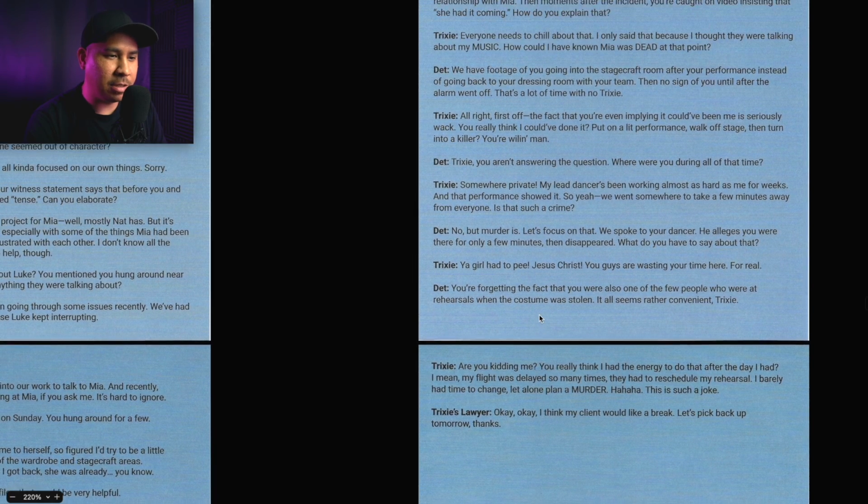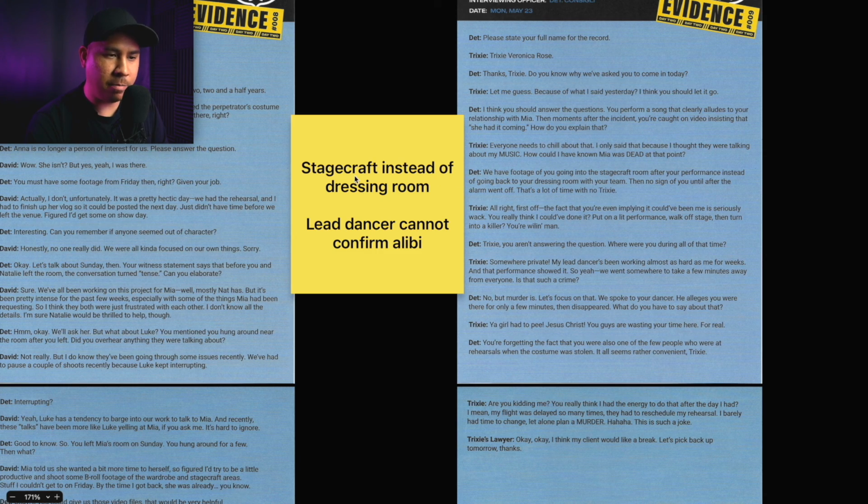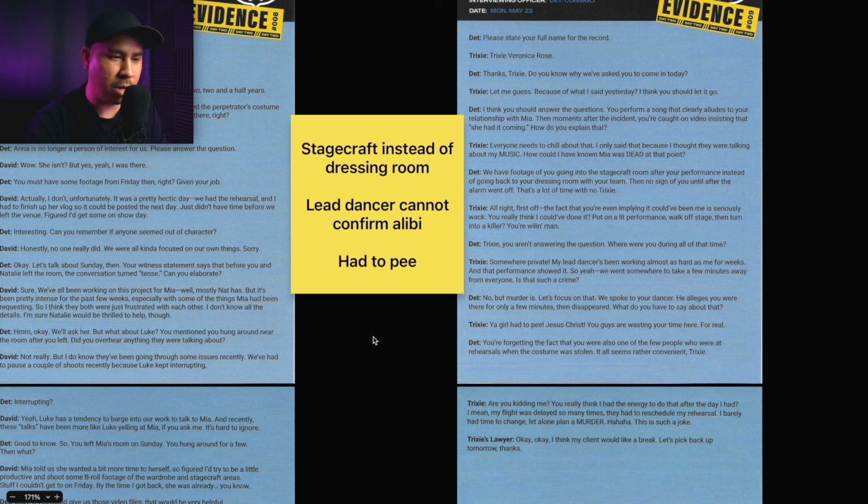All right, let's take a few notes. So I'm just writing this part that she went to the stagecraft room with the lead dancer, but she left at some point. So just that the lead dancer cannot confirm the alibi. What else? Oh, she says she had to pee. So that would place her in the restroom. But if she hid it in the bathroom, I would avoid saying anything related to the restrooms.